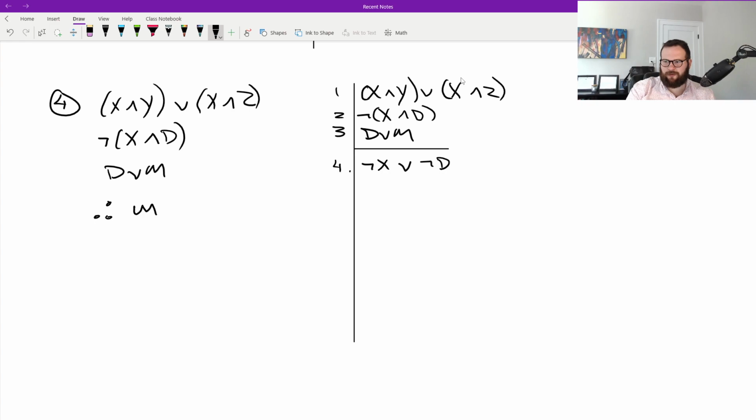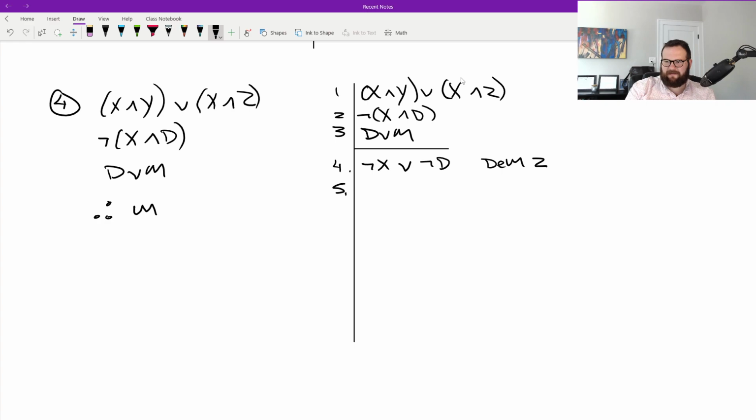Not X or not D, using De Morgan's 2. Okay, so now we have not D here. We want that to be true so that we can use our disjunctive syllogism.